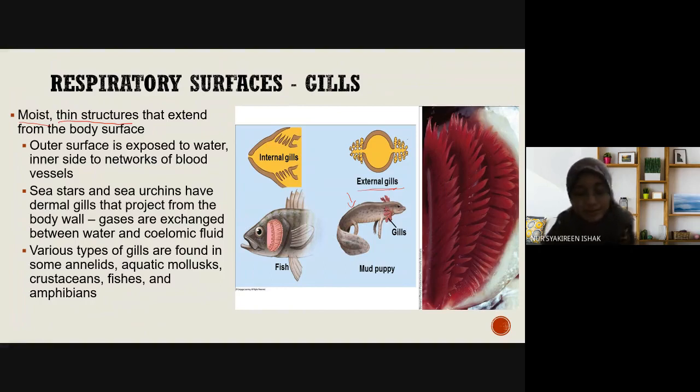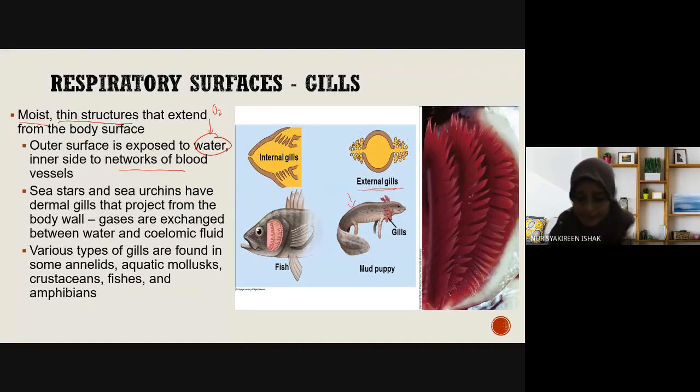So water is the source of oxygen. Okay, respiratory kita panggil dia sebagai respiratory medium. Okay, respiratory medium ada dua, water and air. Okay, so for aquatic organisms, they depend on water to extract the oxygen. And inside the gills, you have many blood capillaries.